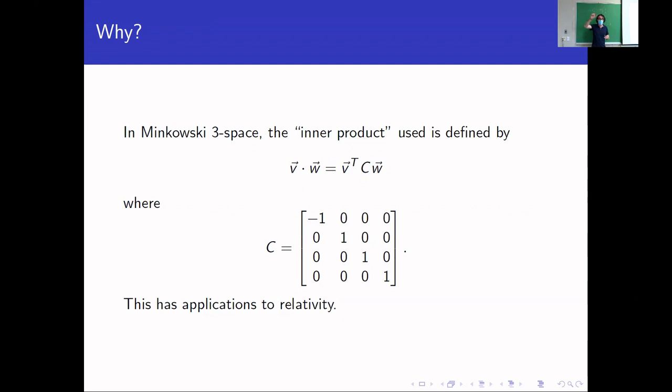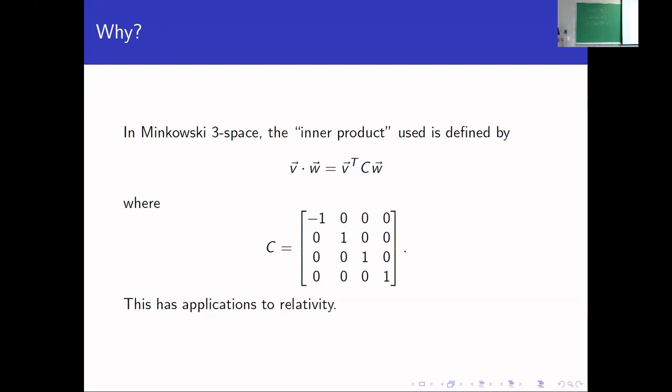The time coordinate gets treated a little differently than the space coordinates. So that's your time coordinate right there. Sometimes people put a 1 up here and negatives down there. I think if your matrix preserves the 1, it's going to preserve the other. It's just differing by a diagonal. So this has applications to things like relativity.